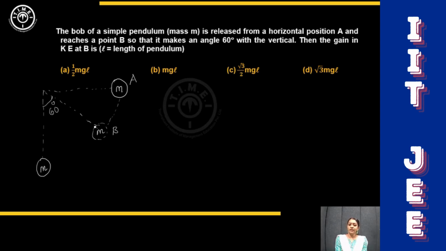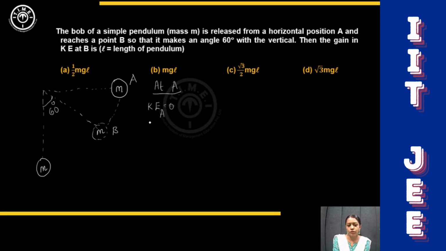So what you have to find here is how much is the kinetic energy gained when the pendulum bob reaches point B. Okay. So here, when the pendulum bob is at point A, it has got only potential energy, right? There is no kinetic energy because it is released from rest. So initial velocity is 0. So kinetic energy is also initially 0.